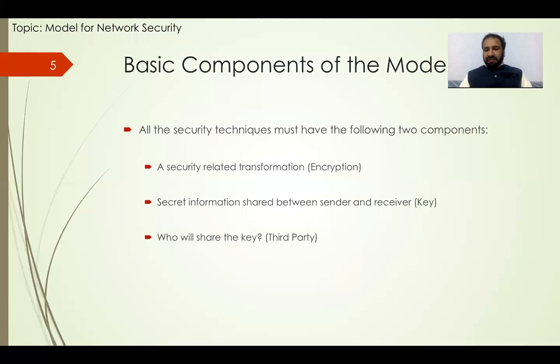And secret information shared between sender and receiver: how this cipher will be created will be based on some key. Normally this is done by a third party, and the key will be given to them in order to perform the process of encryption on the sender side and decryption on the receiver side. Who will share this key? Normally we use a third party for that.